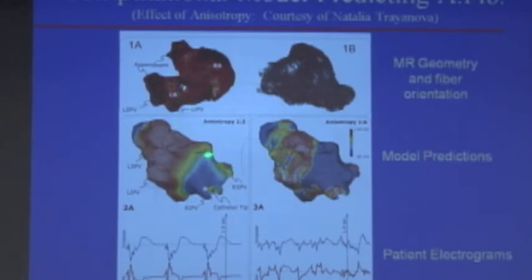From a modeling point of view, they took these hearts and put a simulated catheter near this pulmonary vein, and they could not induce atrial fibrillation. These were simulated, and these were real, from the real patient electrograms. Anyway, they could not induce AFib in this patient that actually had very little scar.